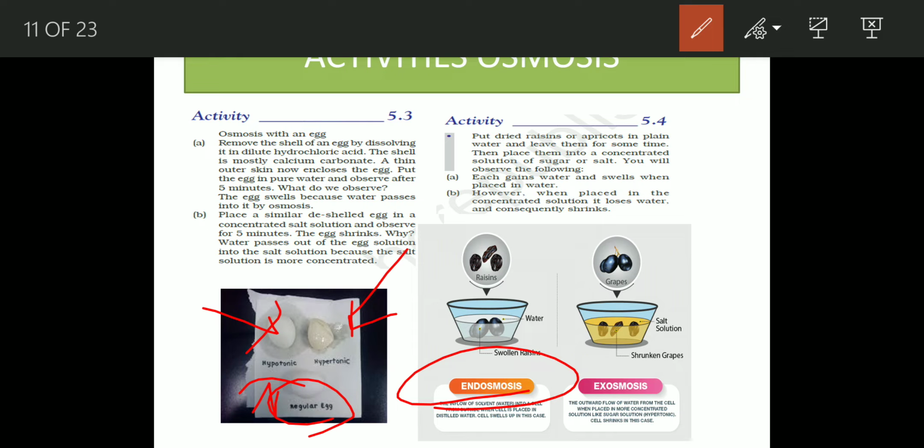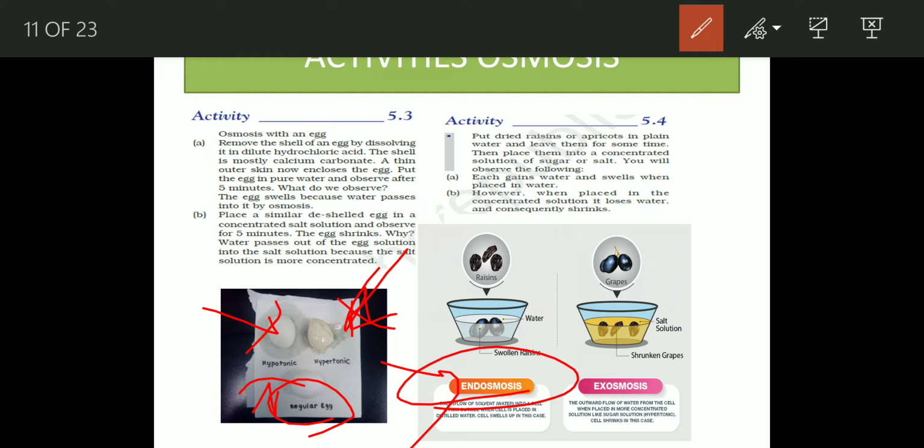Whereas here the egg has shrunk, because the concentration of water inside the cell is greater compared to the surrounding. So the water from the cytoplasm tries to exit the cell membrane, and due to this lack of water, the cell shrinks.